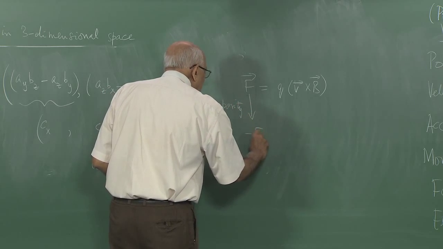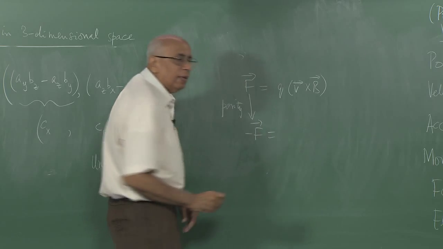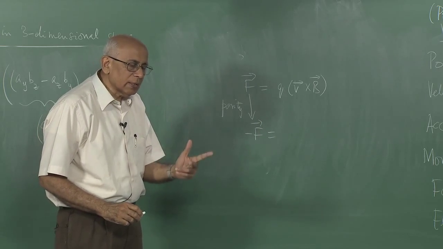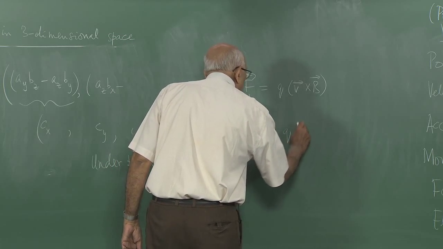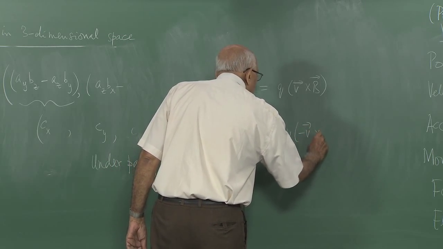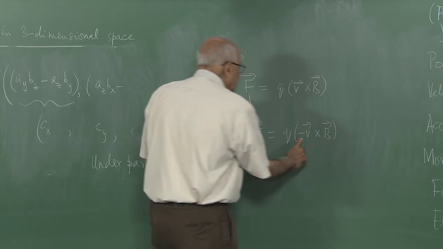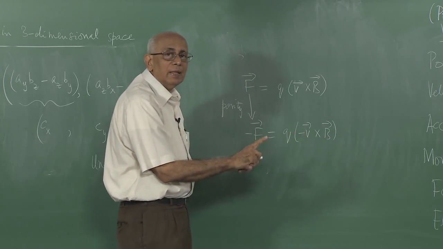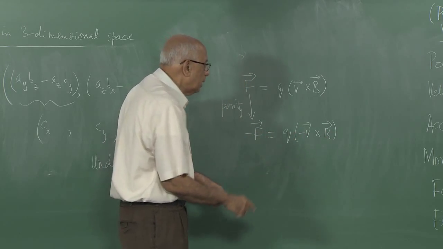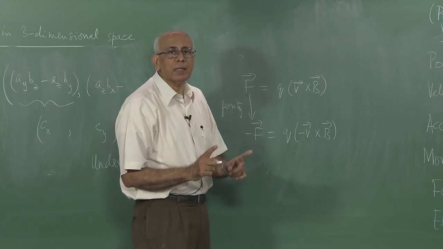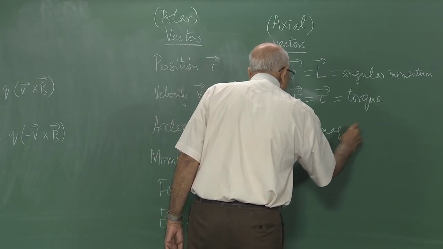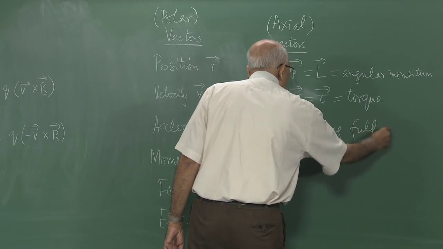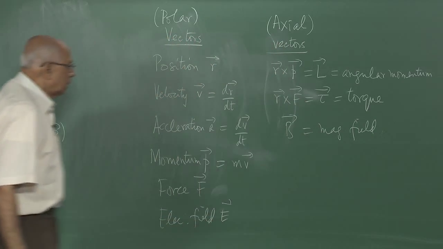It will become minus f, and if this law is to remain the same whether I change coordinate system from a right handed to left handed coordinate system or not, this has to become q times minus V cross B. The minus signs have to cancel out to give me exactly the same law in the old and new frames, which tells me that B cannot change sign. So the conclusion is that the magnetic field B is an axial vector, and so on.